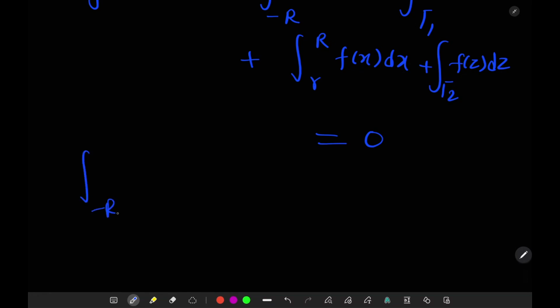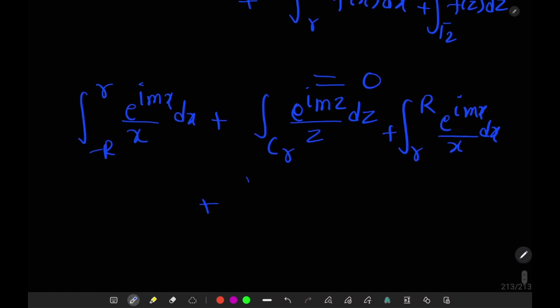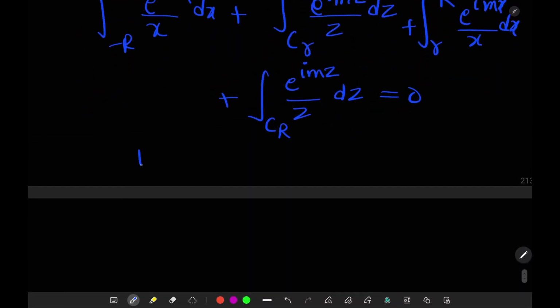Now putting here f(x) and f(z), as limit R tends to infinity and small r tends to 0, the integral over capital R tends to 0 according to Jordan's lemma.